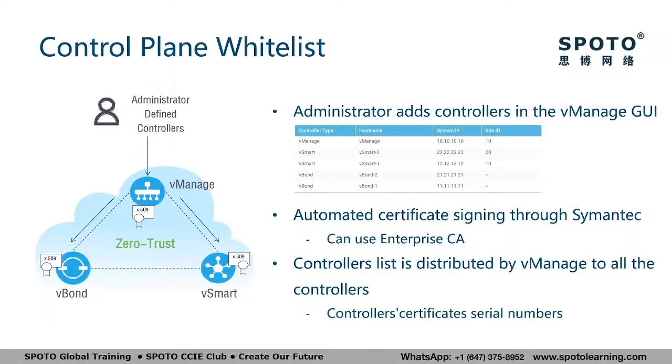For the vManage, vBond and vSmart to communicate with each other and be used by the solution, they need to be added into the vManage GUI by the administrator, like this picture shows here. Without being added to this whitelist, it won't work. Basically, if it's not in the whitelist, you can't use it, and they don't know each other.